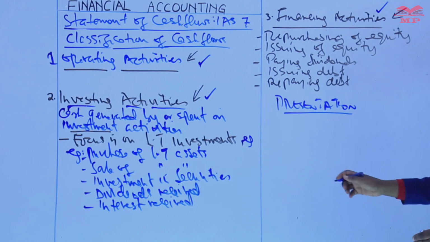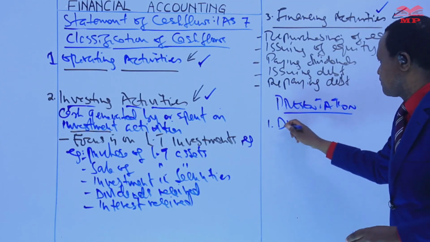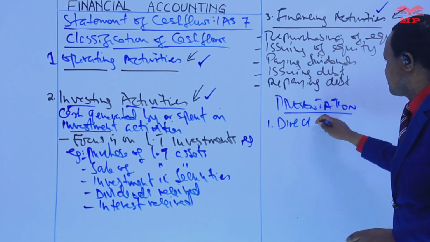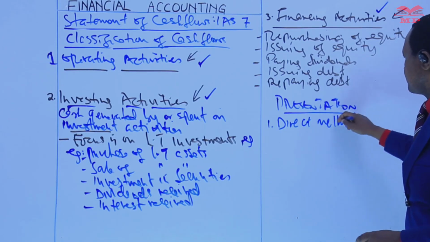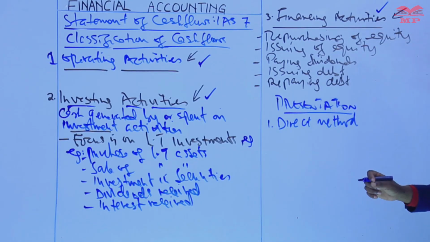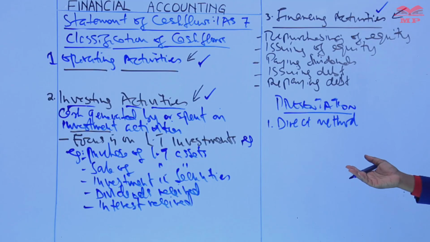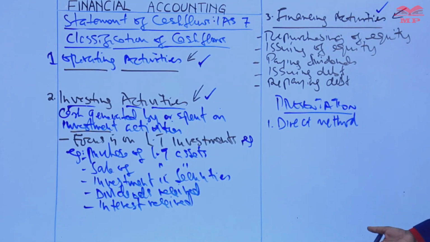We have the direct method. Now, the direct method presents cash inflows and outflows from operating activities directly.